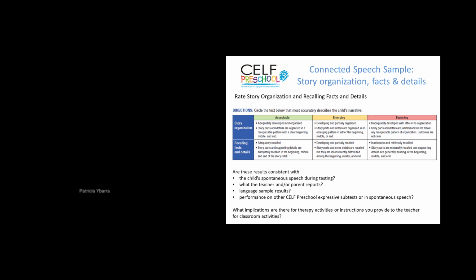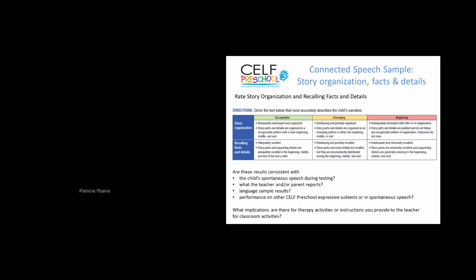The first information piece that can be collected using the connected speech sample is the child's level of story organization and ability to recall facts and details. This table is provided in the record form, and the clinician is going to look at the child's retell and decide which description for each category most closely matches the child's performance, and then decide if those results are consistent with other observations or other parent reports or other language sample results, for example.